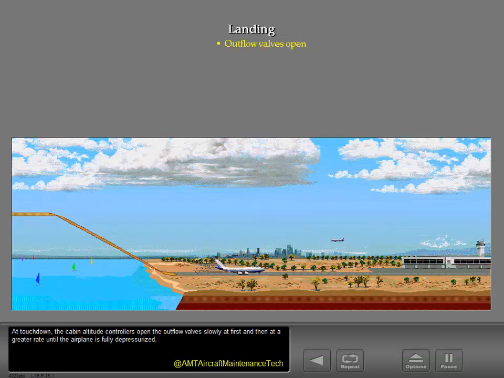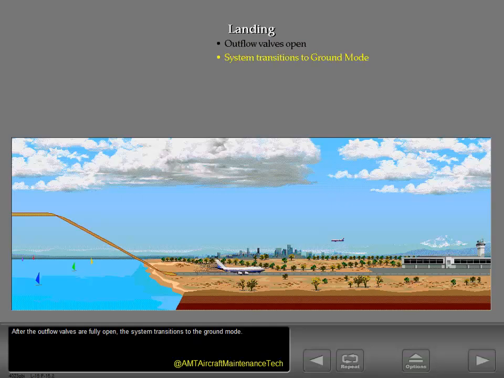At touchdown, the cabin altitude controllers open the outflow valves slowly at first and then at a greater rate until the airplane is fully depressurized. After the outflow valves are fully open, the system transitions to the ground mode.